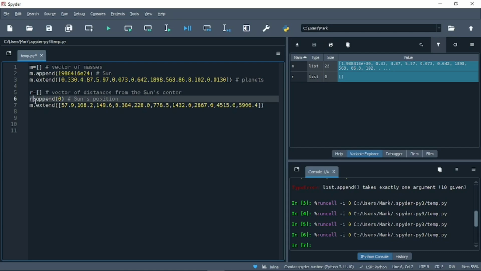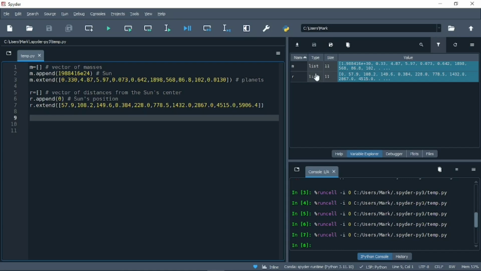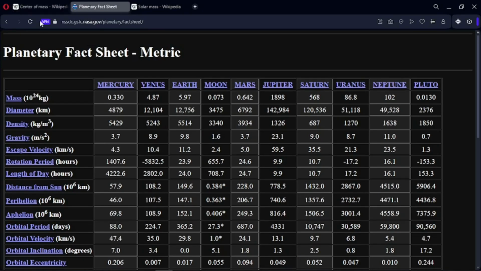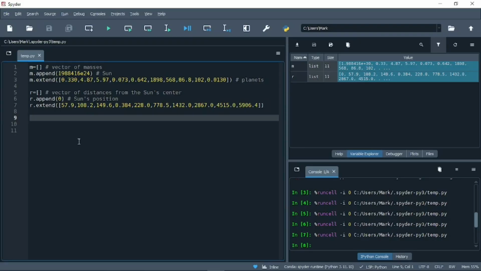So now we have two lists of 11 numbers, 10 planets plus the Sun, if we consider Pluto a planet, of course. No bothering to discuss astronomy and astrophysics here. As I said before, I'm not an expert. Well, let's evaluate the center of mass.